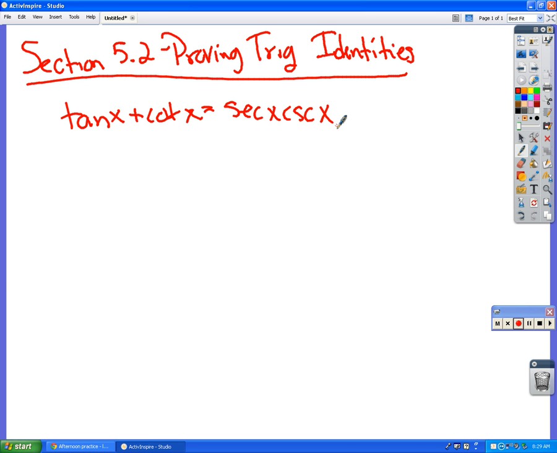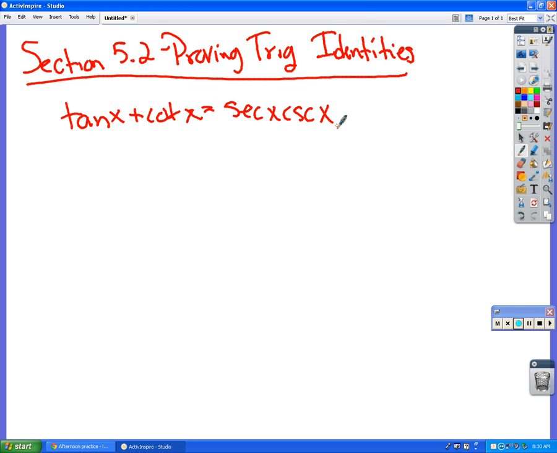And you have to go through the steps to show how you would know that those two things on each side of the equal sign are equal, okay?